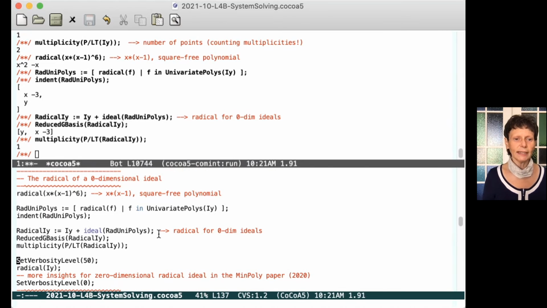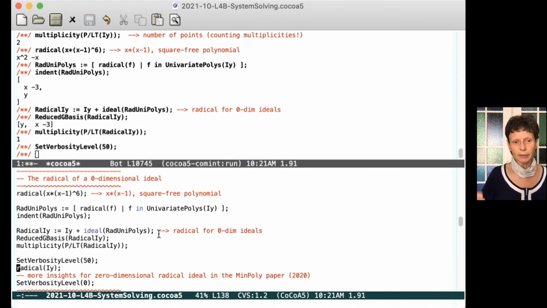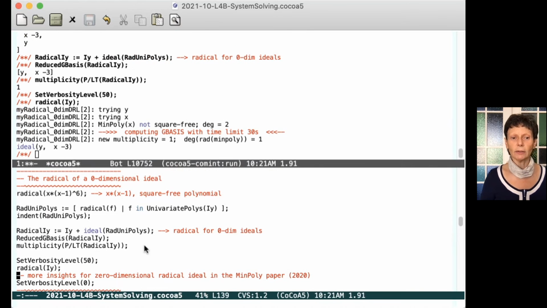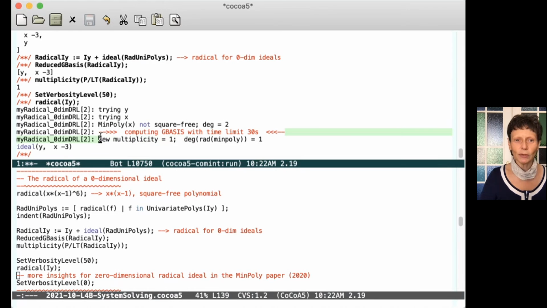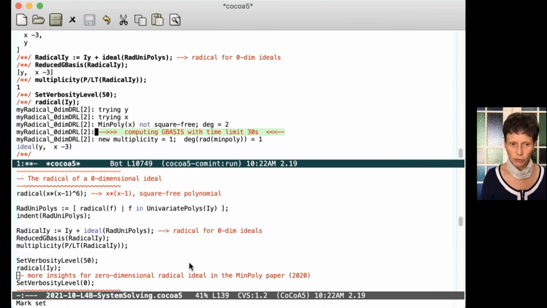Just to get a little insight, this is highly optimized in CoCoA. So if I compute the radical of an ideal, it does some computation in a slightly more clever way, but it is based on this construction I have just told you. Especially I want to show you that I do some computation with the Grobner basis giving a time limit, which can be handy in some of your projects.